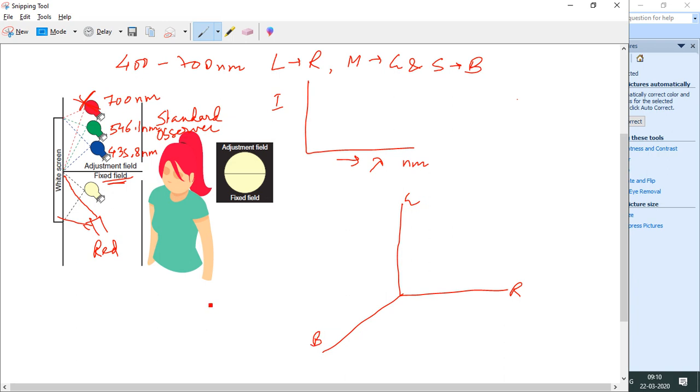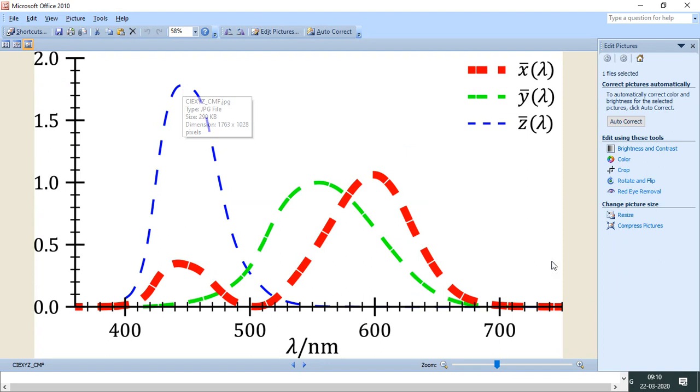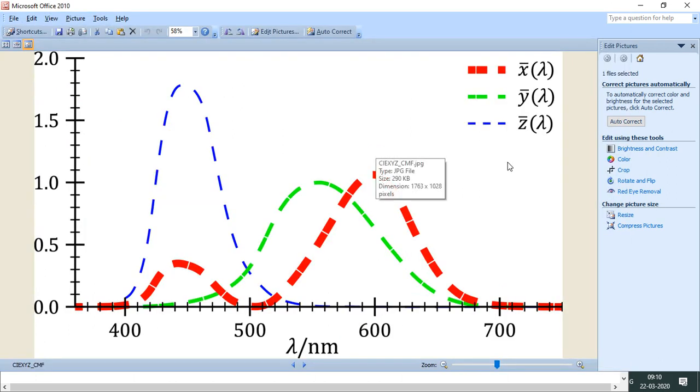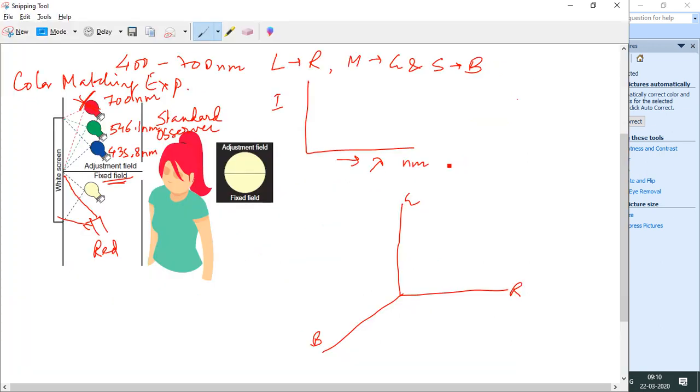See, I am repeating this entire experiment. First I explained this particular color matching experiment, known as the 1931 color matching experiment by Wright and Guild, in order to get these color matching functions. Now I am explaining the same experiment again, but in terms of color spaces.